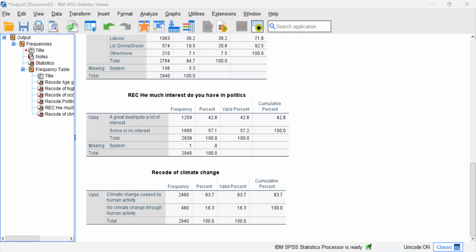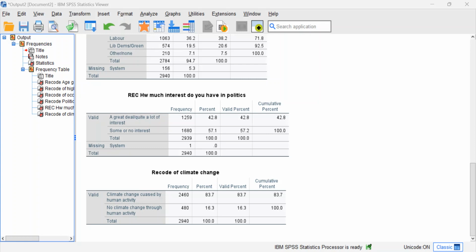So the reason that we want to do modelling is that with the chi-squareds, you can only compare two variables. So you can look at the relationship between interest in politics and climate change. You can look at the relationship between qualification, highest qualification, and climate change.